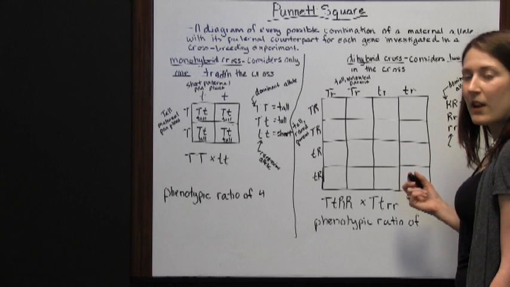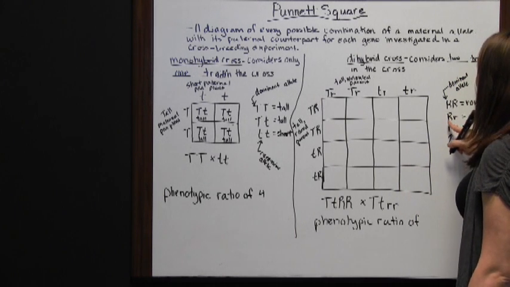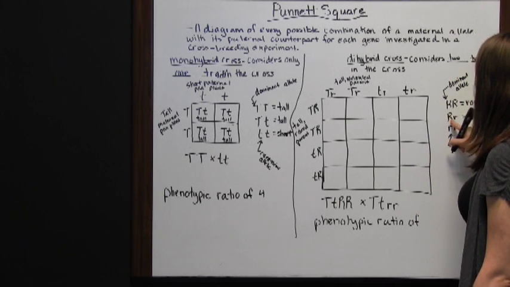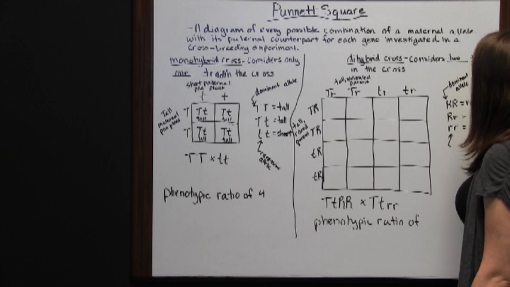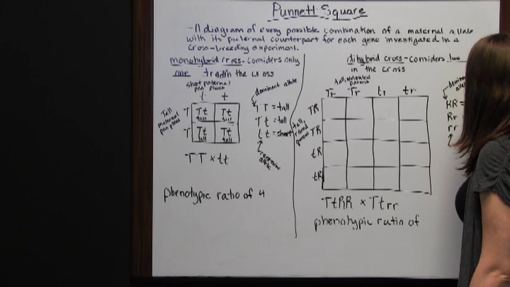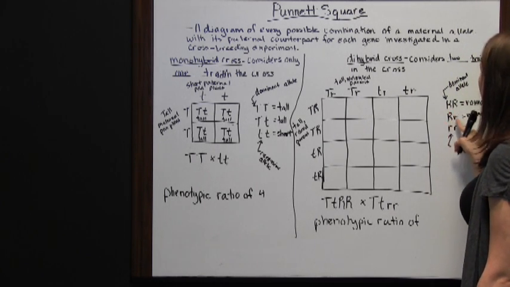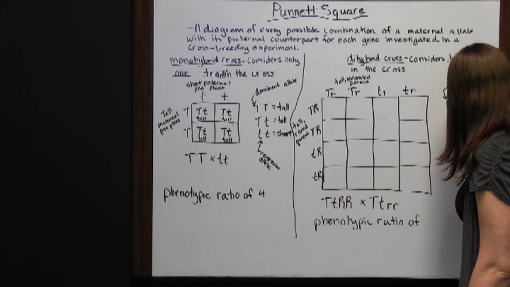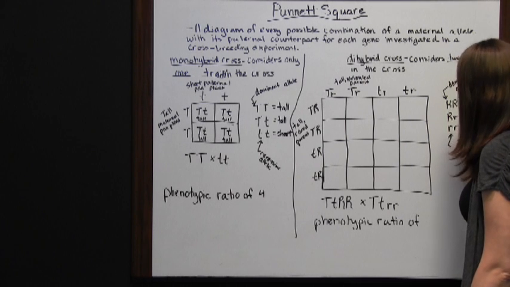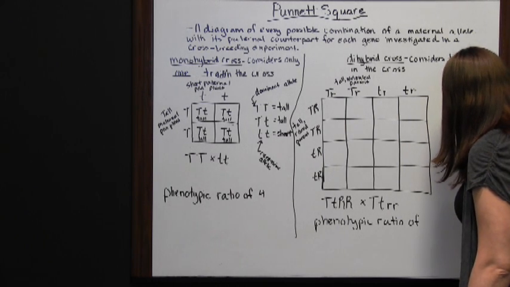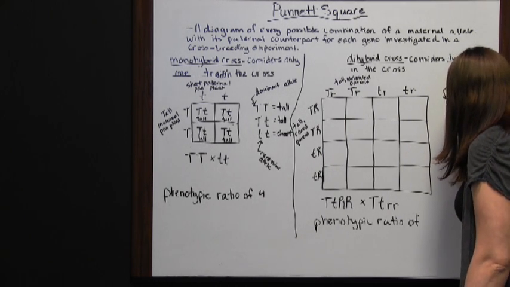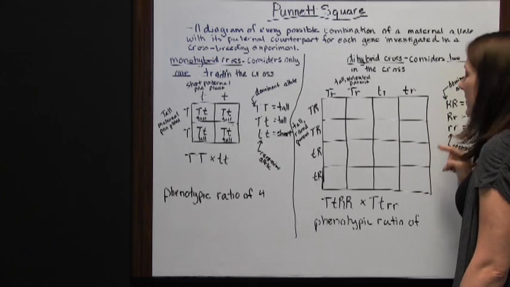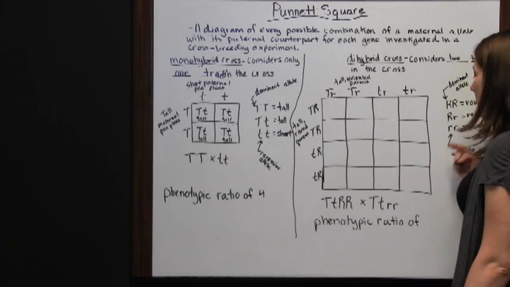Wrinkled peas are going to be that recessive gene. So a big R and a little r is still going to give you round peas because it includes a dominant allele. And the 2 little r's would give you the wrinkled peas because that is the recessive allele. So if all you have are the 2 recessives, you're going to get those wrinkled peas.